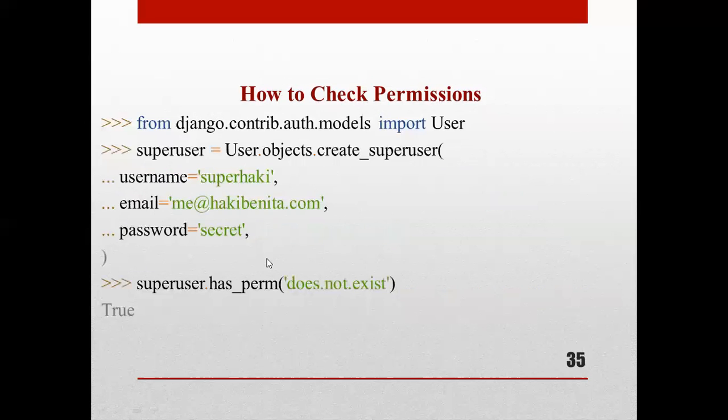Now from django.contrib.auth.models import User, and we add a superuser equals User.objects.create_superuser, where you can give the username, email, and password. At last, the superuser's has_perm for a permission that does not exist returns True. So that's it for today's session. We will stop here. Thank you.